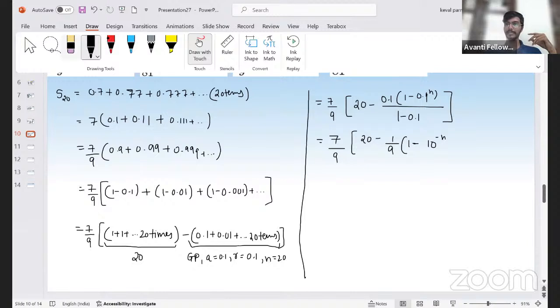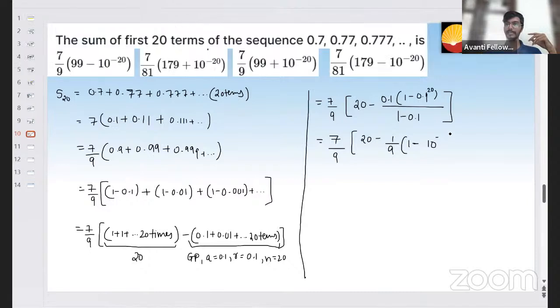What I can write 0.1 as 10 raised to minus 1. So I get this.